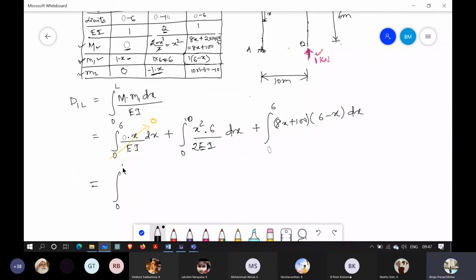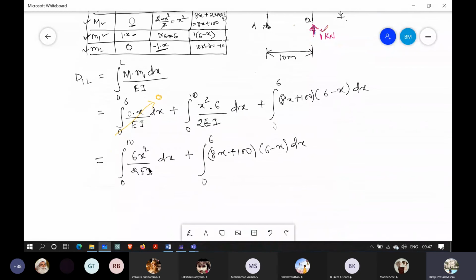So we are left with integration 0 to 10 of 6x square by 2EI into dx plus integration 0 to 6 of 8x plus 100 into 6 minus x into dx. If you integrate, you can use a calculator.